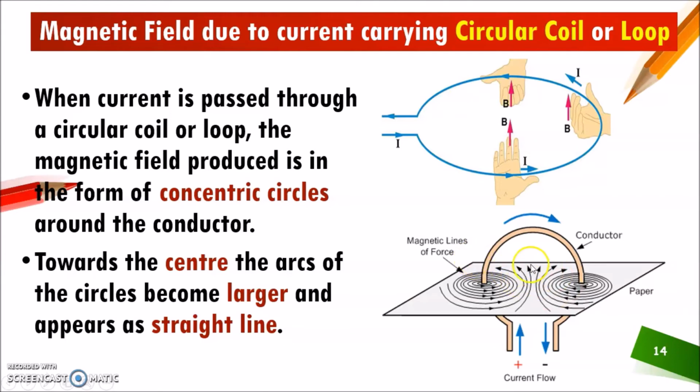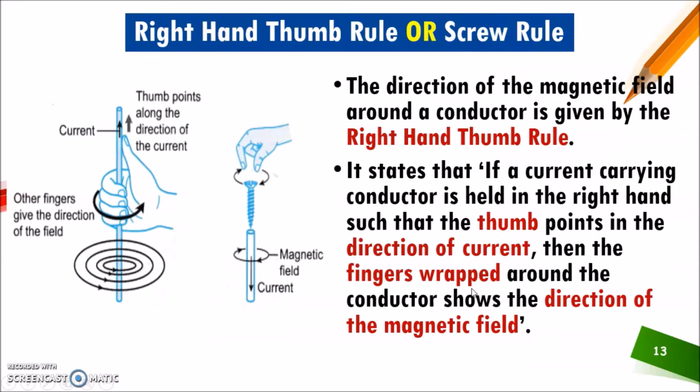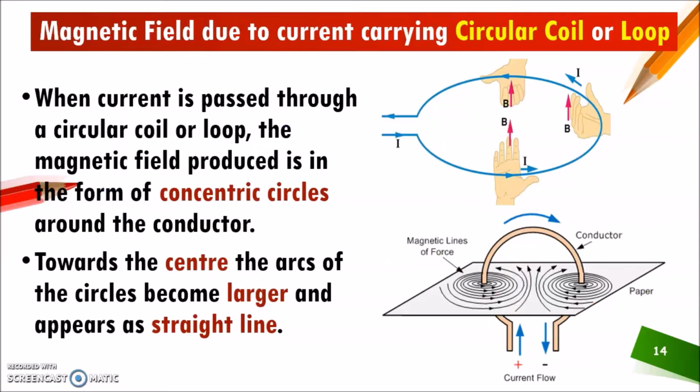Towards the center, the arcs of the circles become larger and appear as straight lines. Are you observing these lines? These are straight lines. Is it clear, students? Here also we can apply the right hand thumb rule for the direction of magnetic field lines. Is it clear, students?